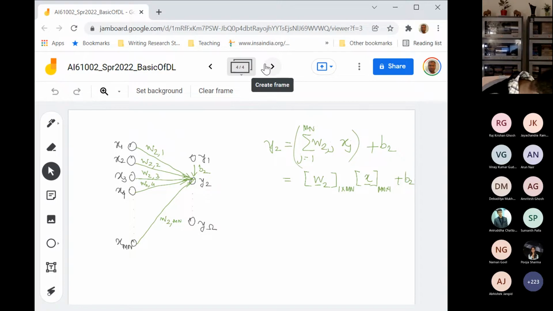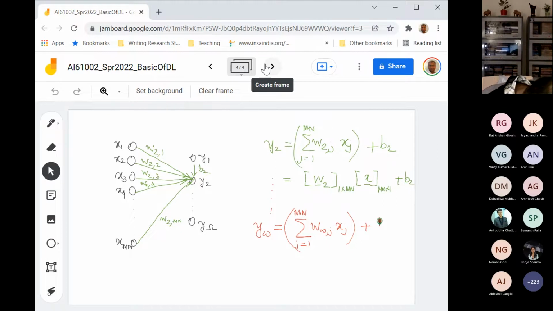Now similarly, I can continue, and for any of my omega-th neuron, say y of small omega, what can I write down? I can write it as the sum of w small omega comma j times x j, where j goes from 1 to m into n, plus b of small omega.